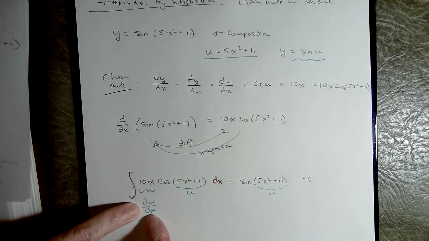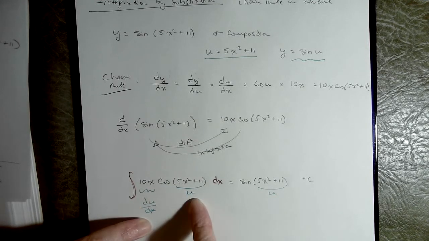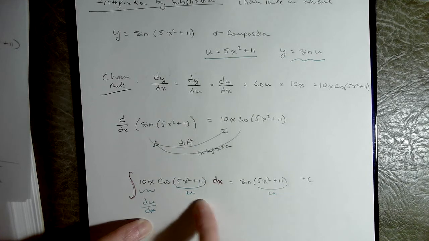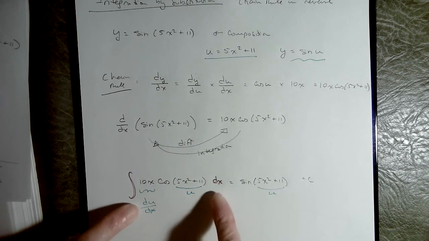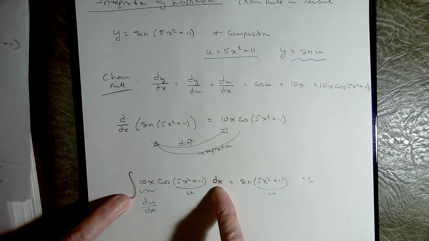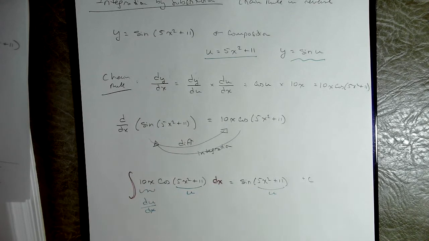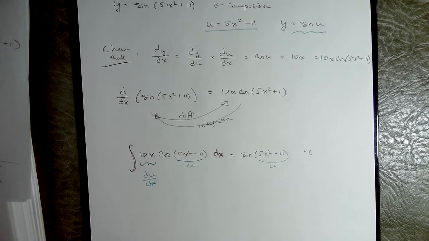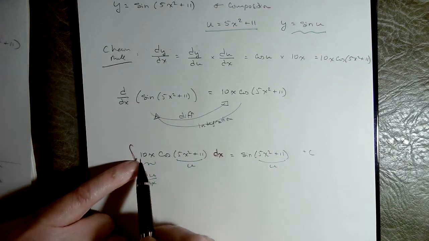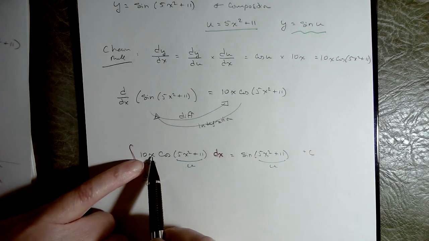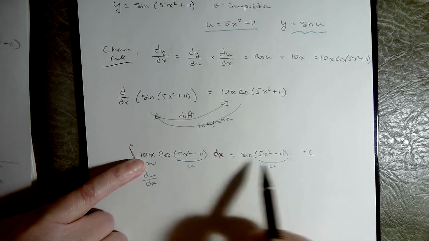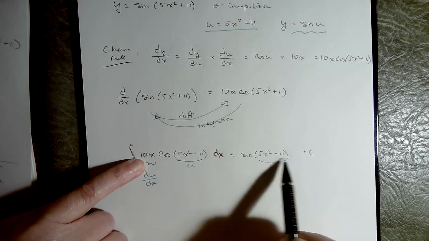And when I observe that, then integration by substitution could be the tool for the job. This is where the bookend notation becomes really important. Integration by substitution allows me to say, hey, you know what? This 10x business was a byproduct of when I differentiated this thing.